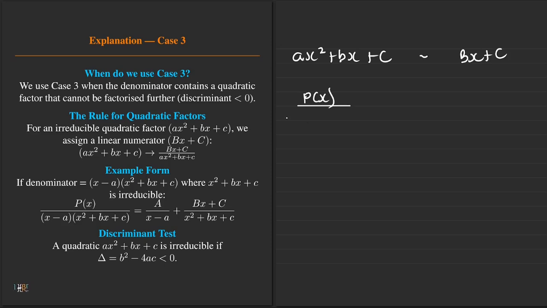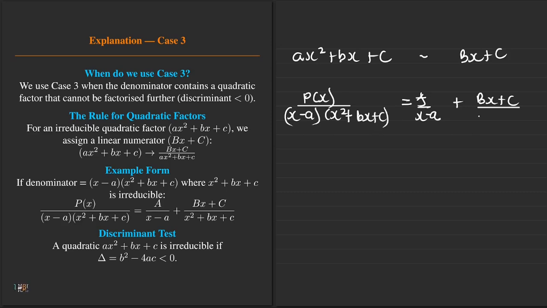What this means is, if we are to evaluate a function, let's say p of x, all over x minus a, and then x squared plus bx plus c, then we would have a constant that will take this first one. You see, this is a linear factor. So we have a over x minus a, but then that numerator that would work with this denominator is supposed to be a bx plus c, that is a linear factor.